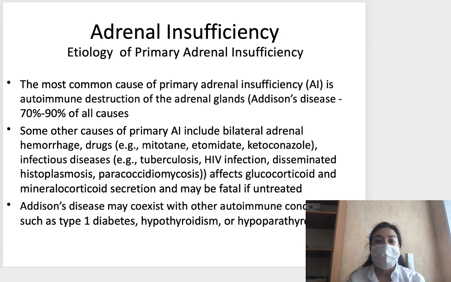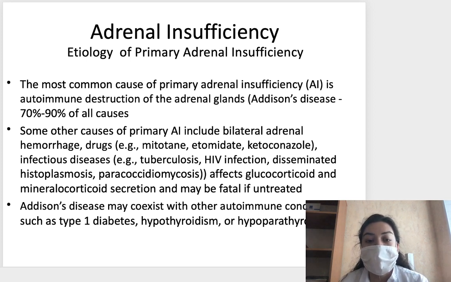Etiology of primary adrenal insufficiency. Let's discuss it. The most common cause of primary adrenal insufficiency is autoimmune destruction of the adrenal glands, known as Addison's disease. It accounts for 70 to 90% of all cases in different countries.